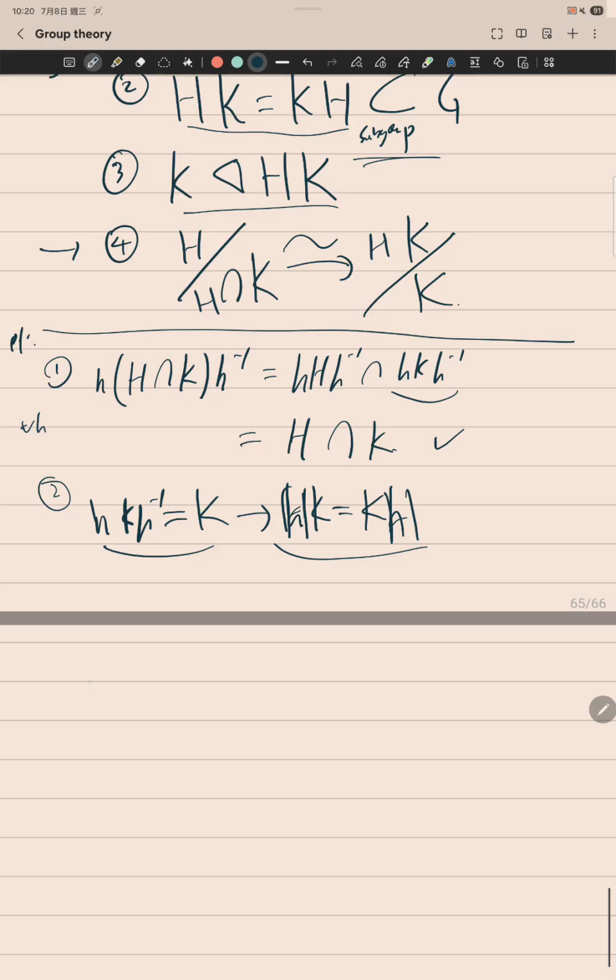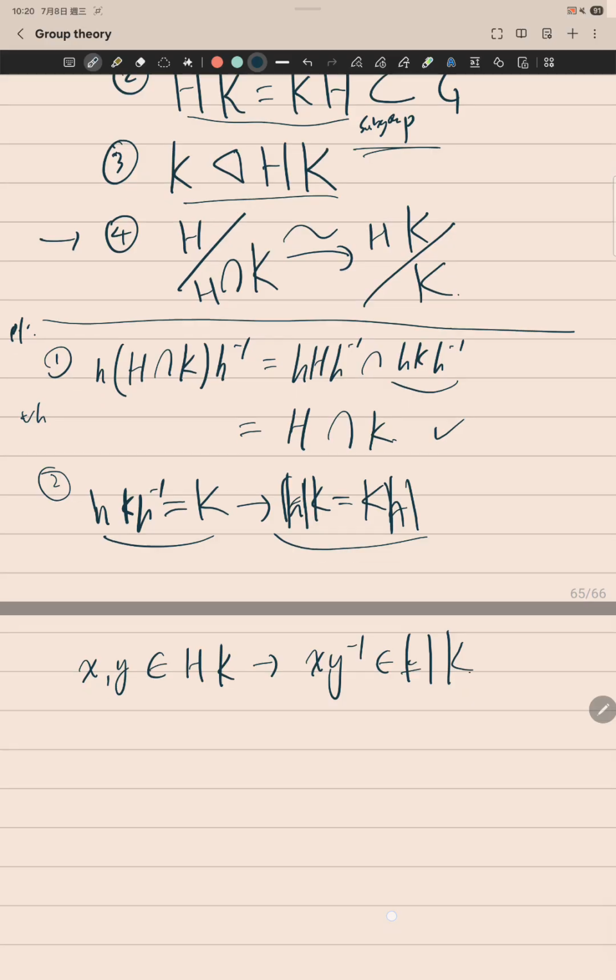I need to show that if I take x and y in HK, then xy inverse is still in HK. So let's say x is h1k1 and y is h2k2.